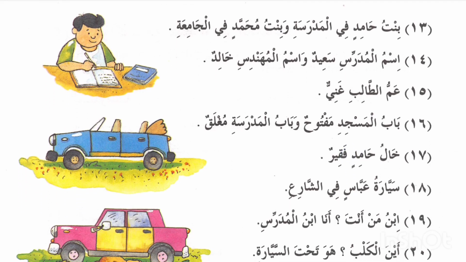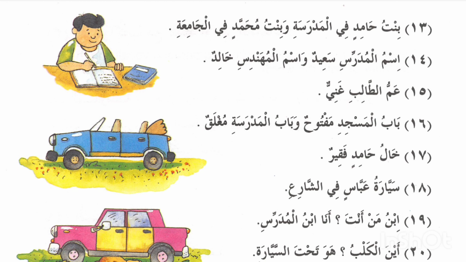بنت حامد في المدرسة. Hamid's daughter is in the school. وبنت محمد في الجامعة. And Muhammad's daughter is in the university. اسم المدرس سعيد. The teacher's name is Saeed. واسم المهندس خالد. And the engineer's name is Khalid. عم طالب غني.